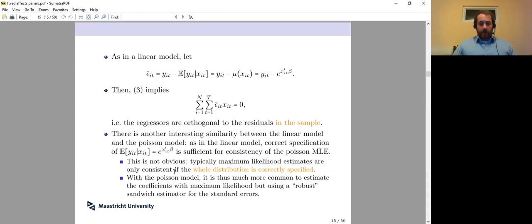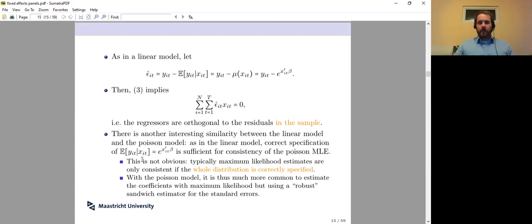What people do many times is that you estimate the coefficients with Poisson maximum likelihood. Those are consistent as long as the conditional mean is correctly specified. Nevertheless, you don't really trust your standard errors derived from maximum likelihood, because you say, well, the conditional mean is correctly specified, but I'm not sure if the distribution is really fully Poisson.